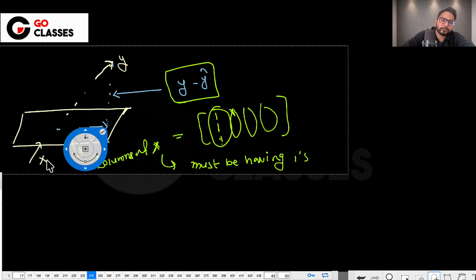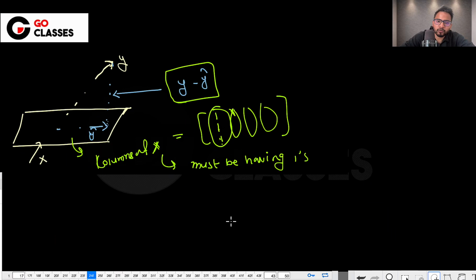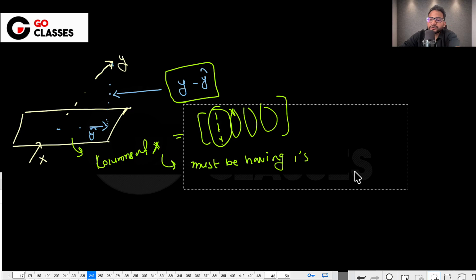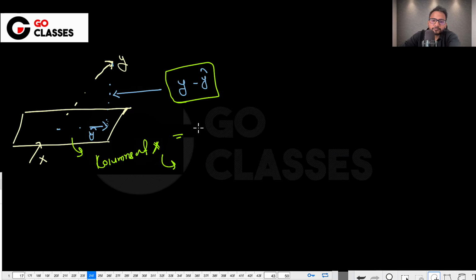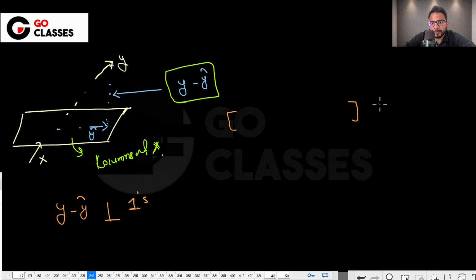One of them: y minus y cap is perpendicular to the columns of x, and the columns of x must have ones. So I can say that y minus y cap is perpendicular to the column of ones. If this vector, y minus y cap, is perpendicular to 1, the dot product must be 0.